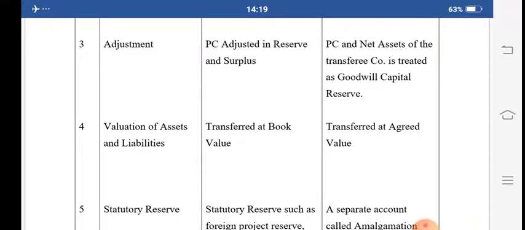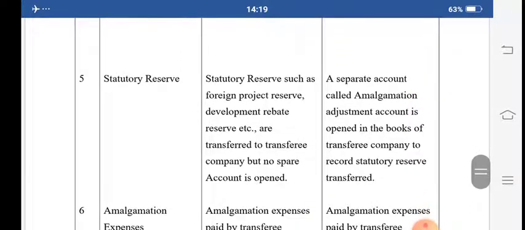Next, point number five, which is the statutory reserve. Under the pooling of interest method, statutory reserves such as the foreign project reserve, development rebate reserve, etc., are transferred to the transferee company, but no separate account is opened.